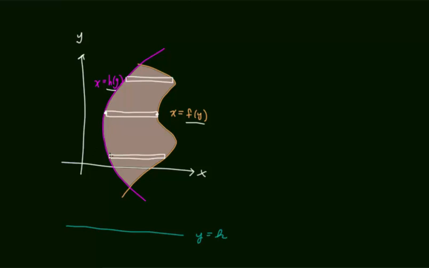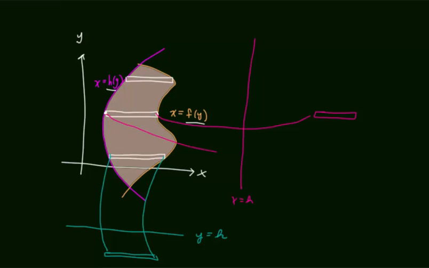Now, if I'm going to rotate this about the line y equals k, I would take these rectangles that are horizontal and rotate them vertically, creating the shell. However, if I were to take each one of these rectangles or the entire region and rotate it about x equals k, well, then that's the traditional with the grain, creating the washer.